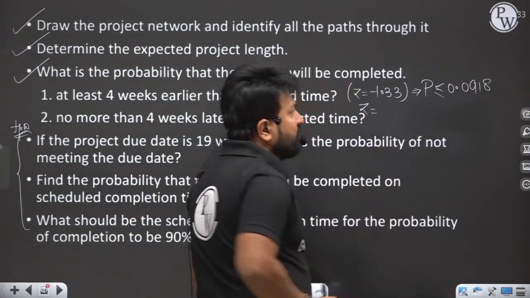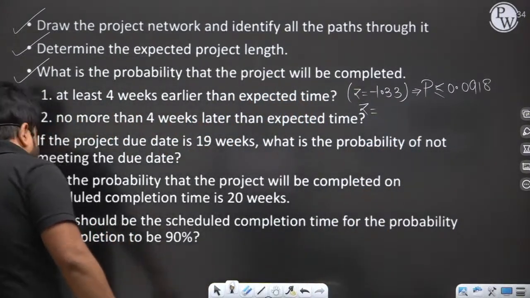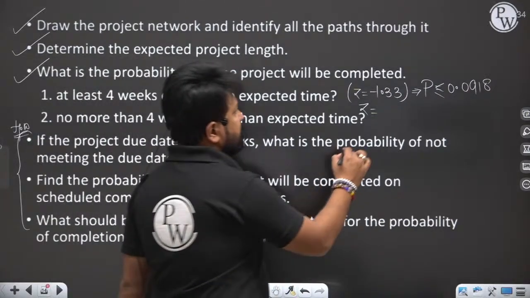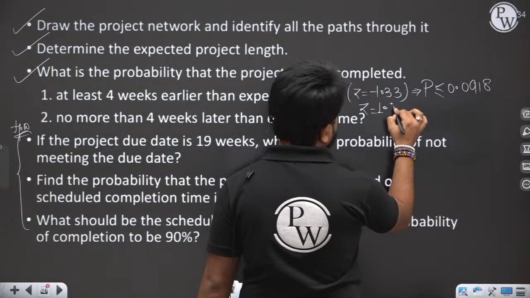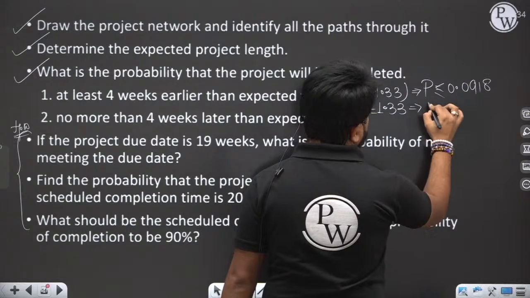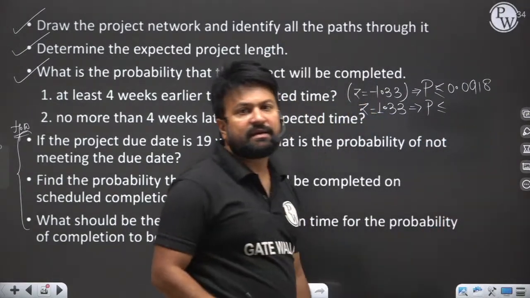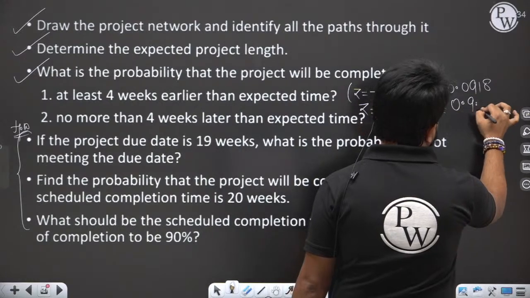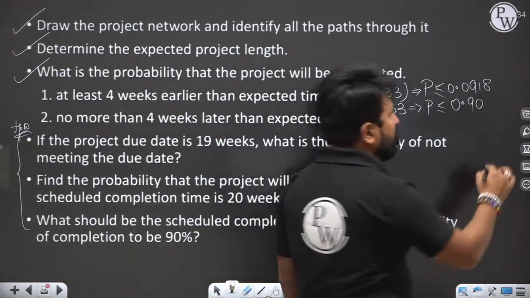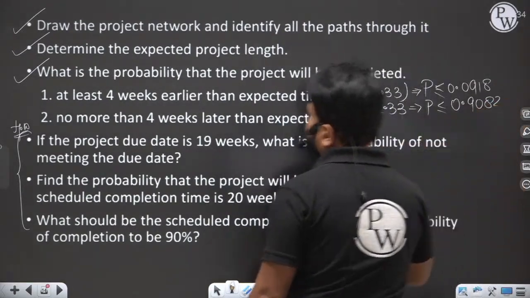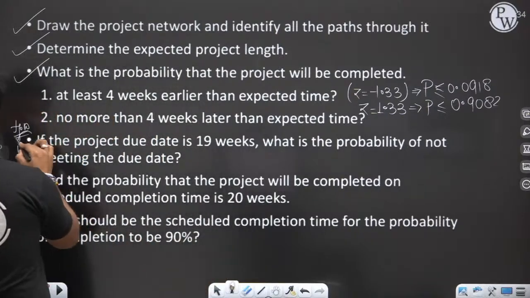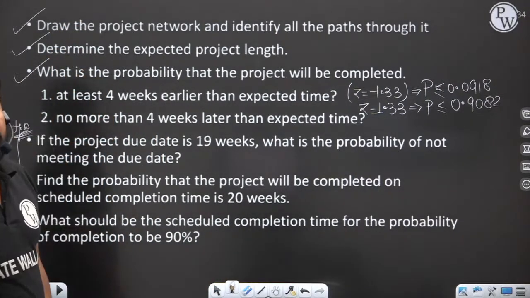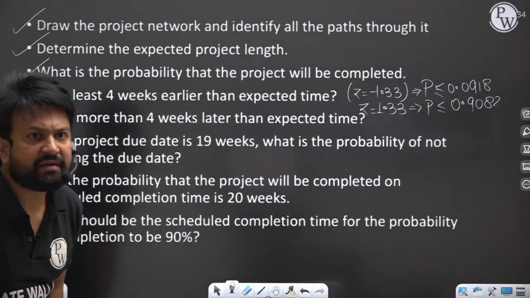When Z equals plus 1.33, the probability will be less than 0.9082. So this is a given thing. The rest you will do as homework. In total, 5 questions you have to solve in the class.